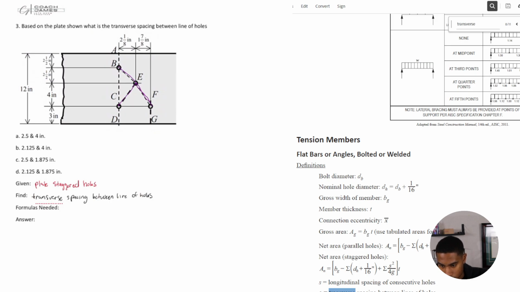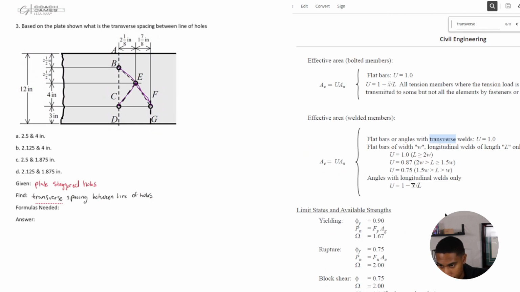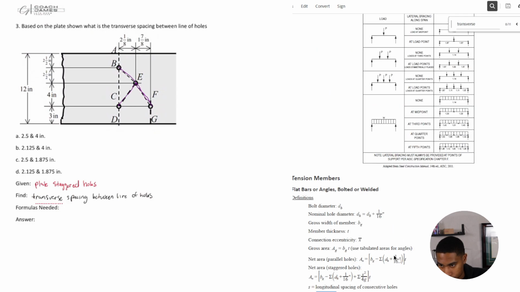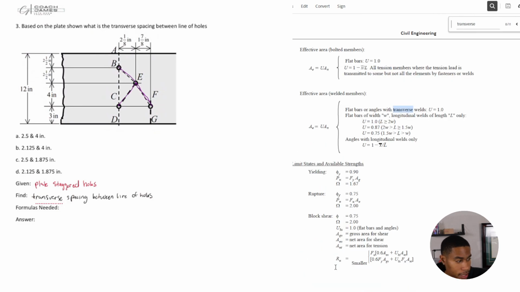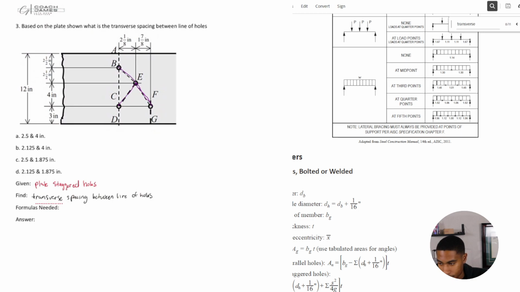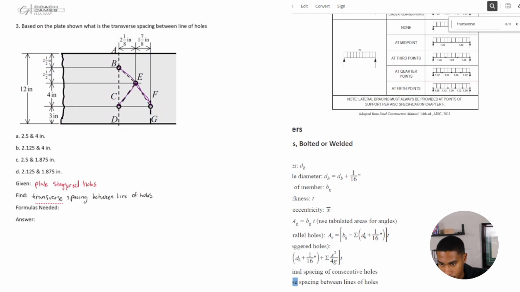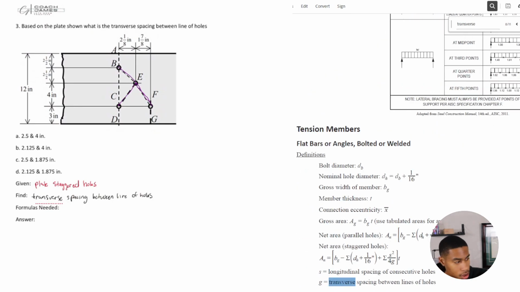So we're looking for G. Well, how do we know G? There are a few things you're going to need to be able to remember as you go in. Oh, you can't even see what I'm trying to show you. Okay, so transverse spacing, G.